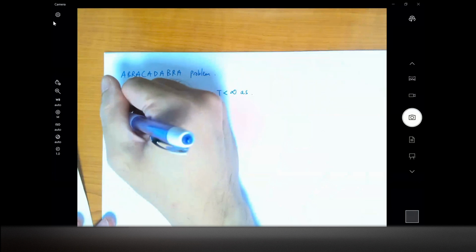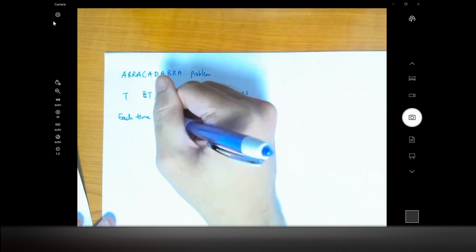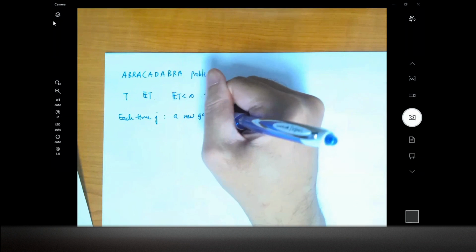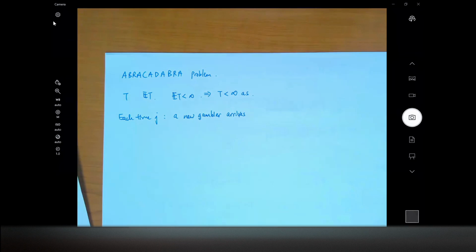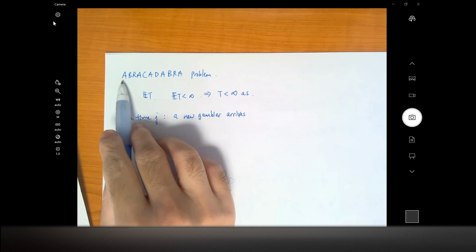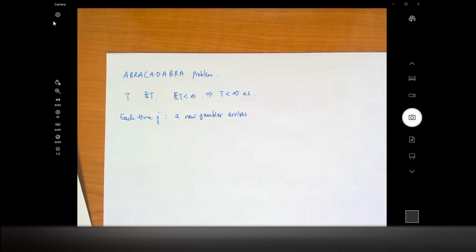We assume at each time j, a new gambler arrives, and this gambler is going to bet $1 that the jth letter is equal to A. So he's always going to bet on the first letter inside this sequence. At this time j, before the monkey types the letter, he's going to bet that the monkey will type the letter A.